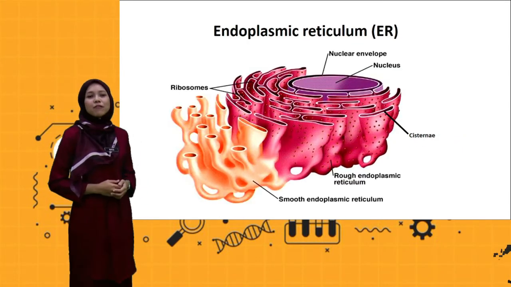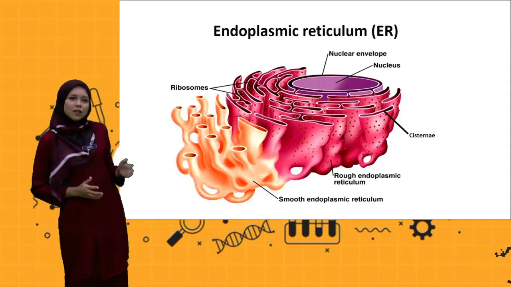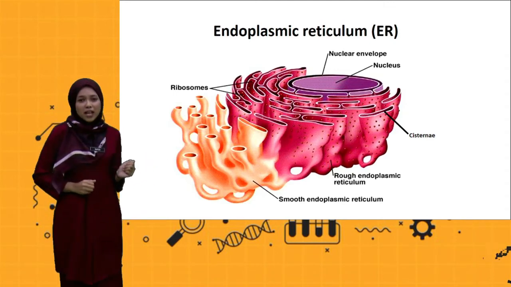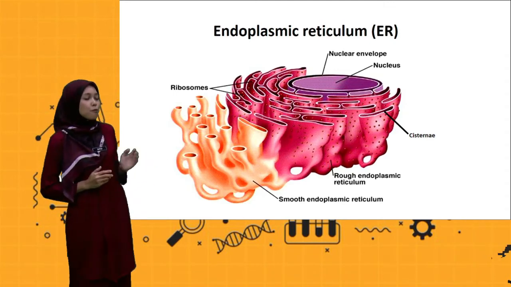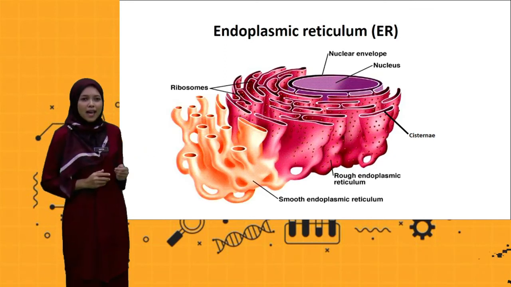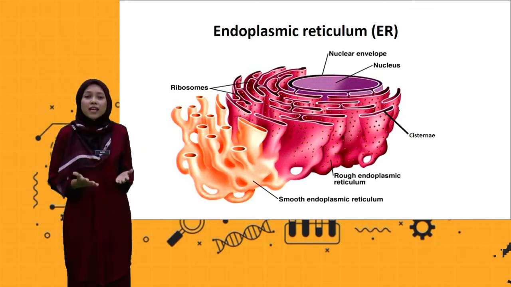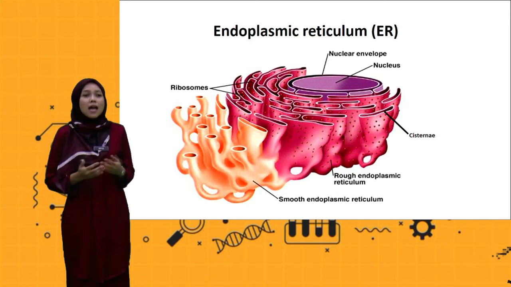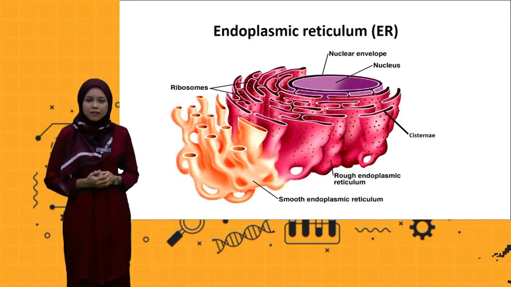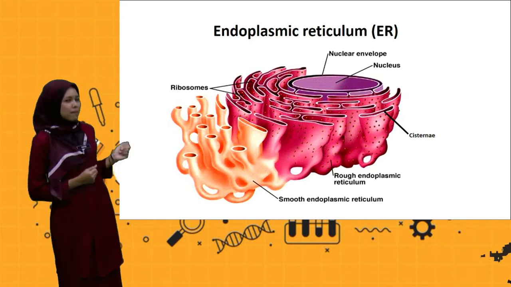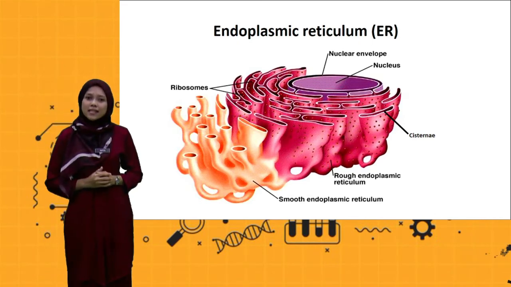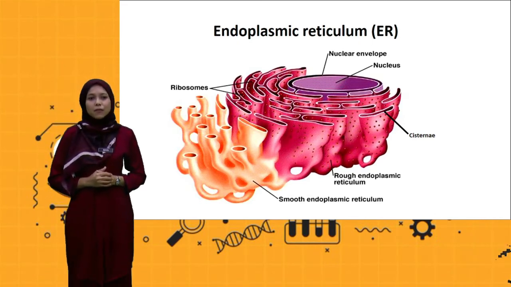Let's begin with the first organelle. Look at the diagram. The diagram shows endoplasmic reticulum. The word endoplasmic means within the cytoplasm, and reticulum is Latin for little net. Based on the diagram, there are 2 distinct types of endoplasmic reticulum.